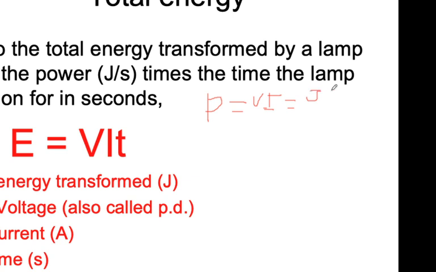We're looking for total energy. We want to get rid of the second by multiplying by time, right? So our second will cancel out, and we're left with total energy in joules.